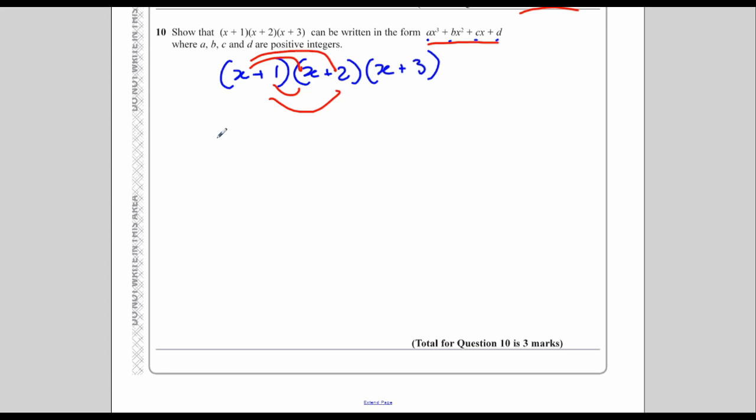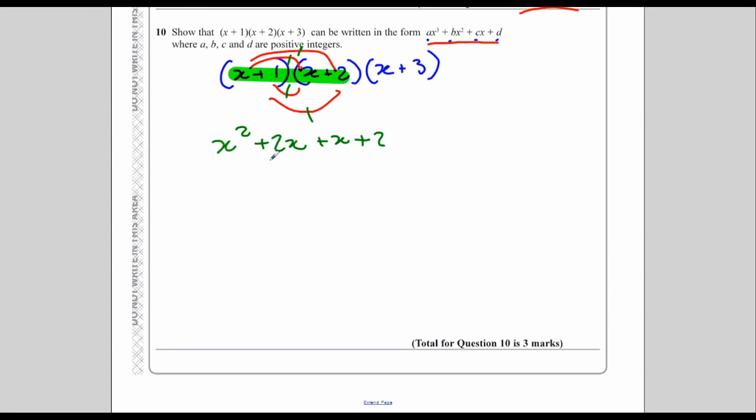So x times x is x squared, x times 2 is 2x, 1 times x is x on its own, 1 times 2 is 2. Remember, all we've done so far is these first 2 brackets. Let's simplify this.